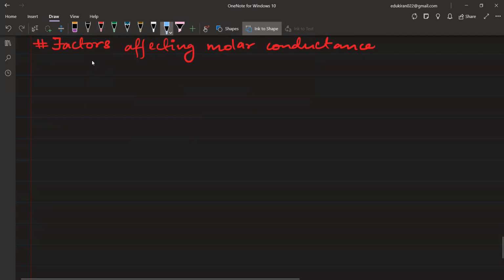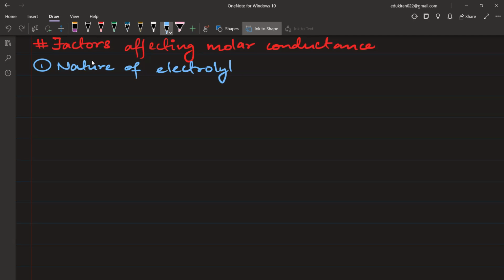Number one, nature of electrolyte. If I have a strong electrolyte, then its molar conductance will be higher. If I have a weak electrolyte, then the molar conductivity will be lesser.